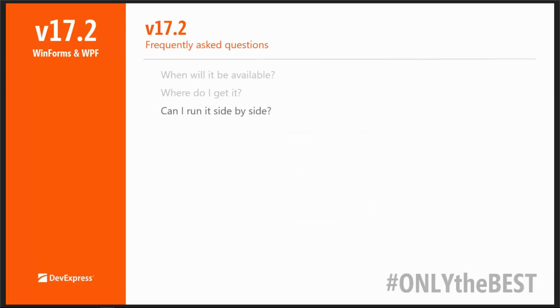Which brings us to the next question. Can I run it side by side? Now, I'm actually a big fan of running multiple versions, especially when dealing with lots of different projects, because you may not want to or have the time straight away to upgrade each and every one of your projects. So yes, you can run all of our major versions side by side with very little impact.